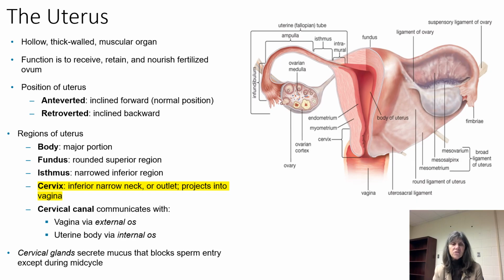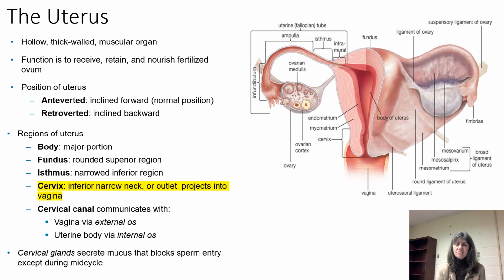And then the cervix is the inferior narrow neck, which is an outlet for the uterus that projects into the vagina. And the cervical canal communicates with the vagina by way of an opening in the cervix, referred to as the external os, where it meets the vagina, and then there's also an internal os where the cervix has an opening into the body of the uterus.